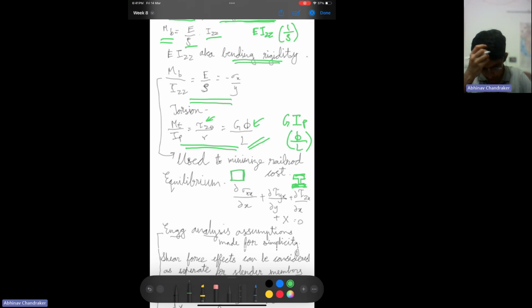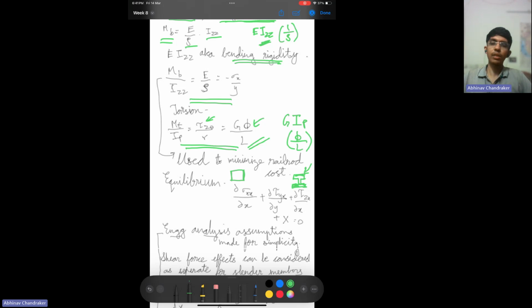The reason we have it is because the bending rigidity is more dependent on the I value, the moment of inertia, and when we are making this kind of a railroad, we want it to be more rigid, because if it will undergo too much strain or deformation, then it can plastically deform and the life of that railroad will reduce.